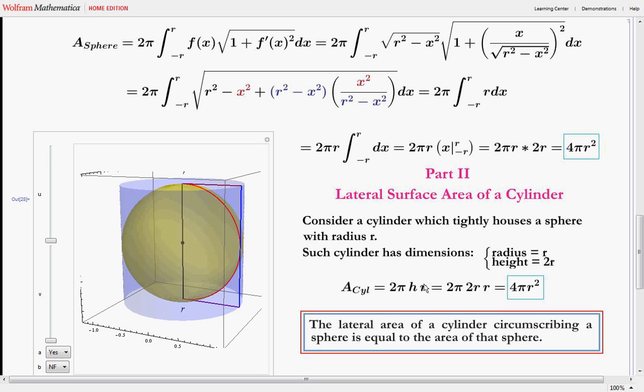So it is 2 pi times h times r, but we know that h is equal to the diameter, which is 2r. So again, we are receiving, surprisingly, 4 pi r squared. The cylinder's lateral area, excluding the bases of course, is the same as the area of the sphere.